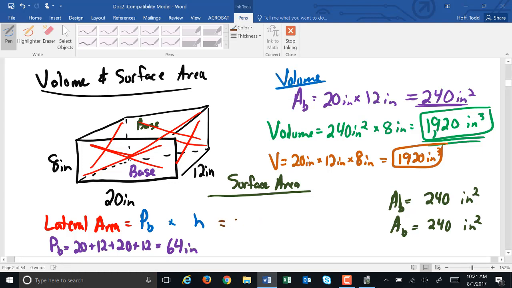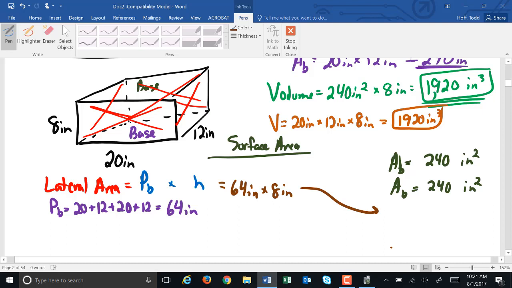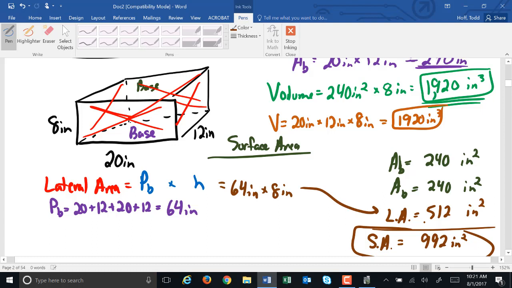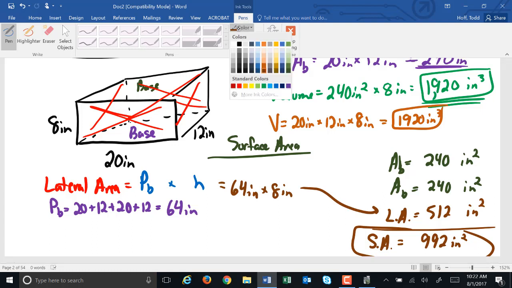So that lateral area is 64 inches times the height of 8 inches, which is 512 inches squared. Adding those all up gives us a surface area of 992.